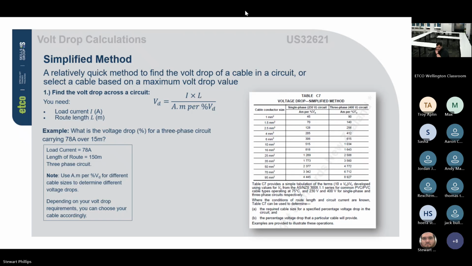Yeah, it's about 4.5% or 4.52%. It's the same calculation, but instead of using 1643, we use 2588. Now, what about 35 mil squared?